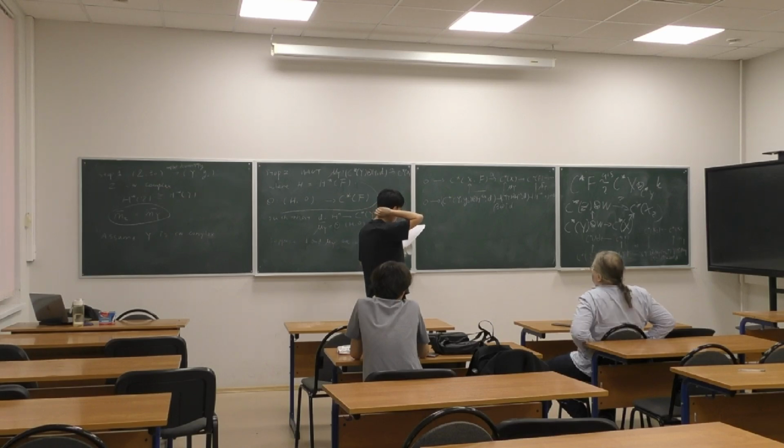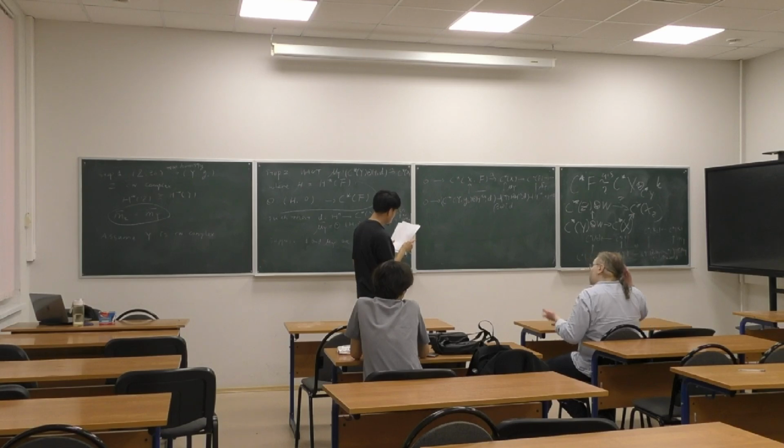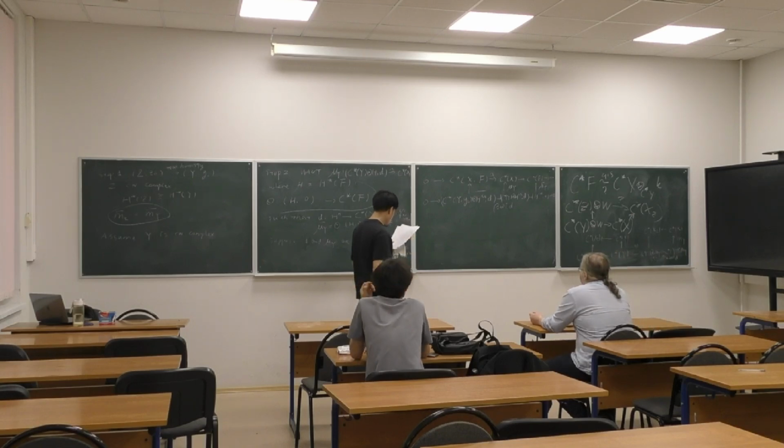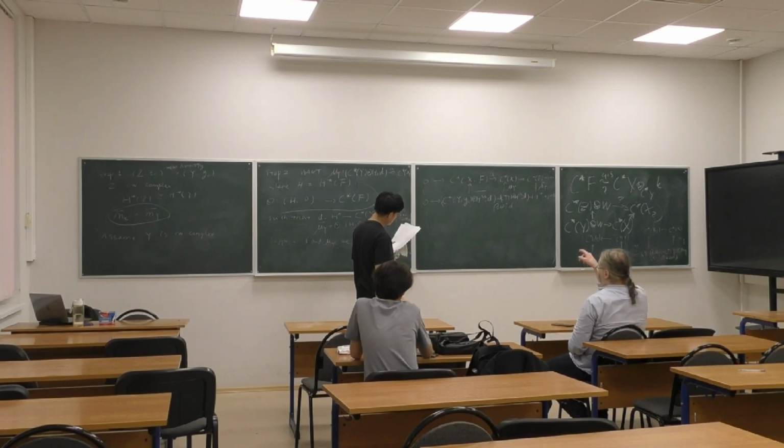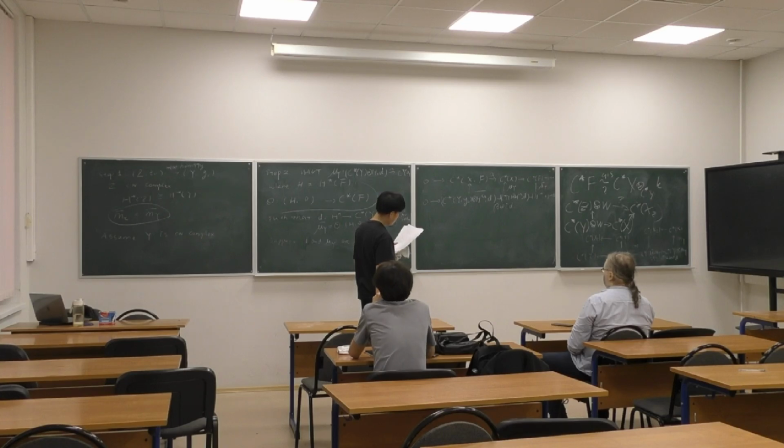Okay, so y naught is the base point. So we have a map C of y naught to C of x mod f, where the C on top is relative, C mod fiber. Very well.